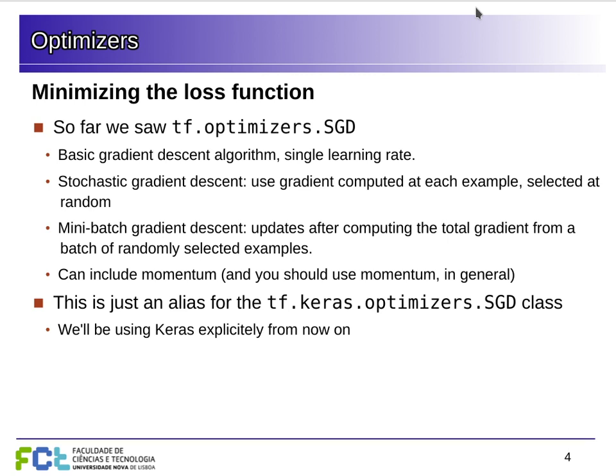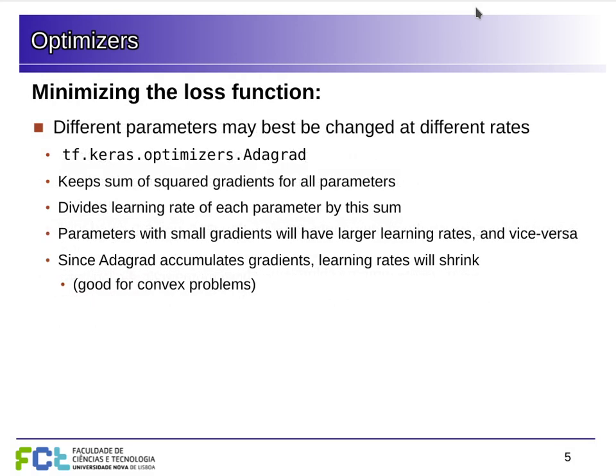One particular problem with this optimizer is that it uses the same learning rate for all the different parameters. And this may not be a good idea, because if you imagine when you compute the gradient, for some directions, the surface of your loss function may be steep.